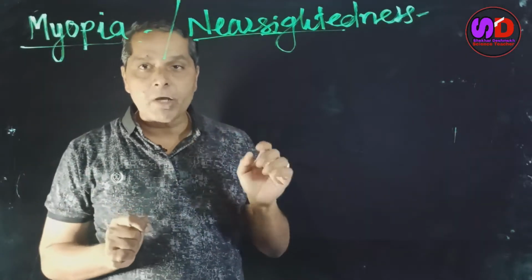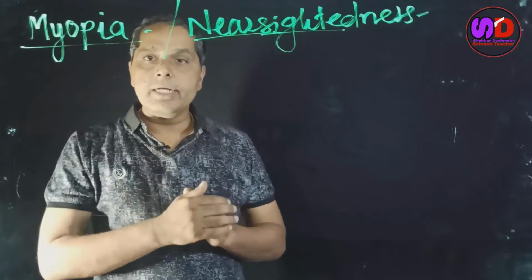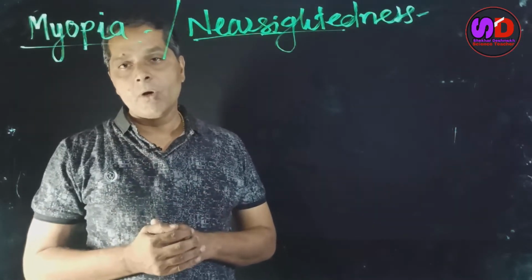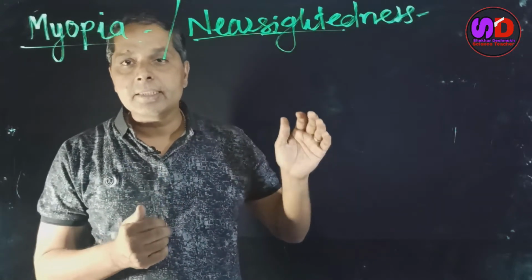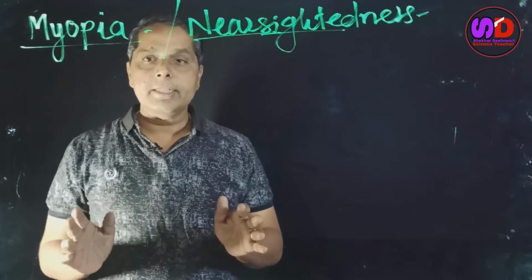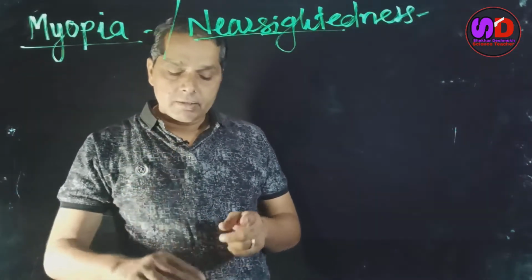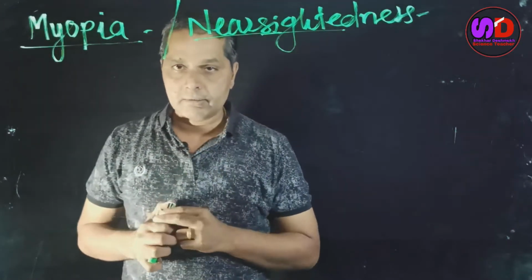Then define myopia: a person who is able to see nearby objects clearly but unable to see distant objects distinctly. So that is nothing but myopia. After the definition come the possible reasons.